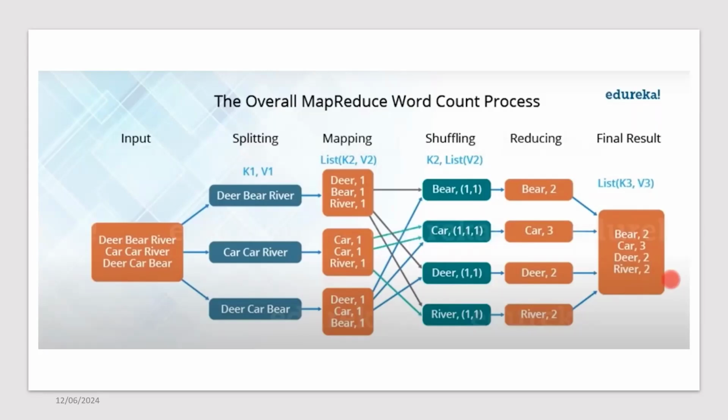And then you perform the shuffling, which means since the word counts are taken in the different nodes, you have to put them together. You have to merge, for example, the term bear appears in multiple places. So you put them together so that you get counts separately.